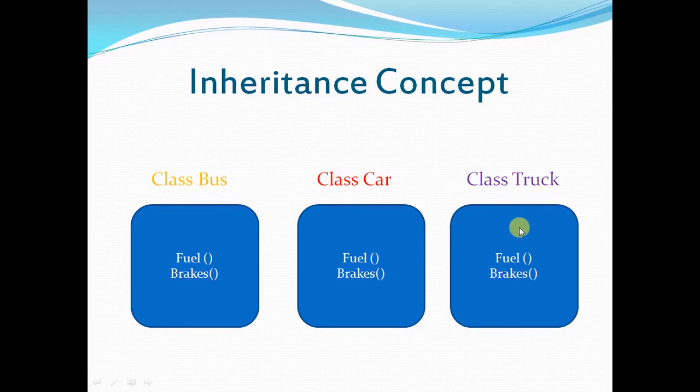So we need to create classes for bus, car and truck. The methods fuel and brake will be the same in all three classes. If we create these classes without inheritance, then we have to write all of these functions in each of the three classes, as shown in the figure.